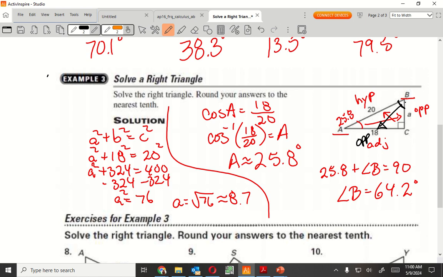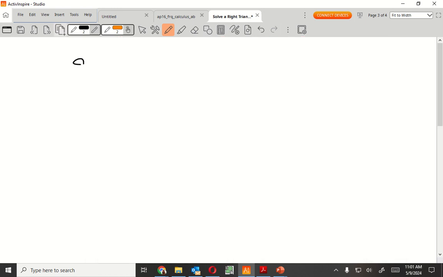This side is now opposite, this one's still hypotenuse, and this one over here is now adjacent. Using what's given to me, I have opposite and hypotenuse, which is sine. So sine of B is equal to opposite over hypotenuse.